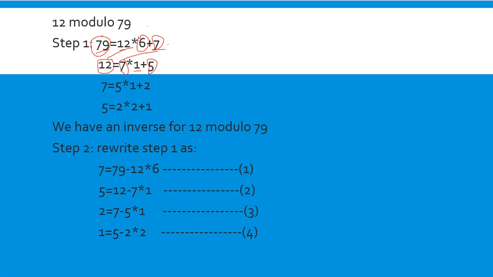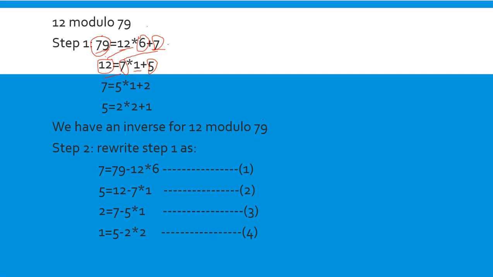Next the steps continue by taking 7 and 5, and then 5 and 2. So when to stop this? We will get the value 1 right here. So 1 is the last remainder, indicating that 12 modulo 79 has an inverse.